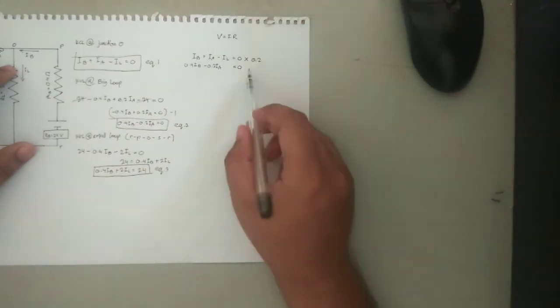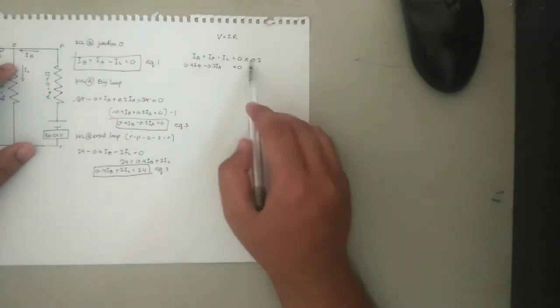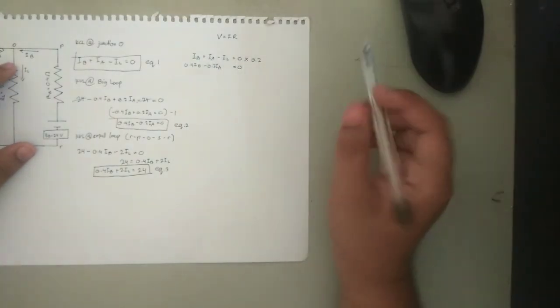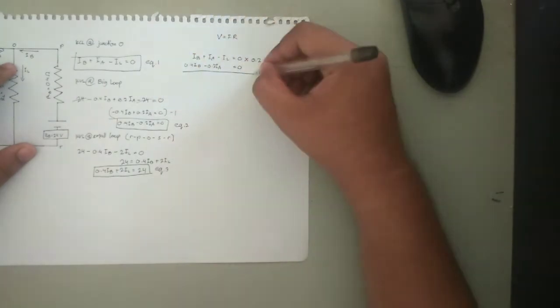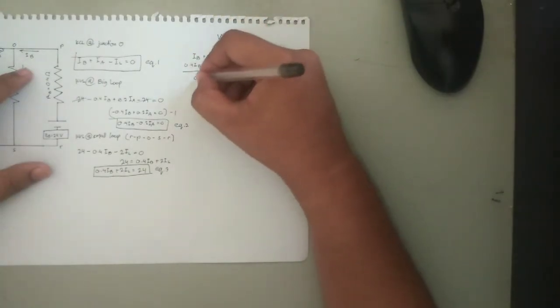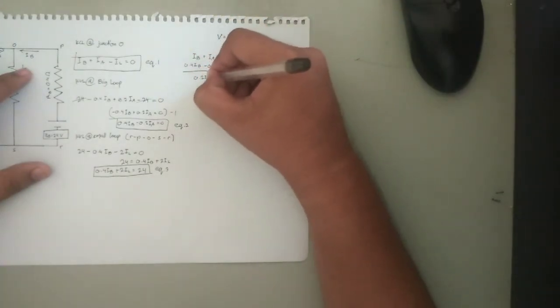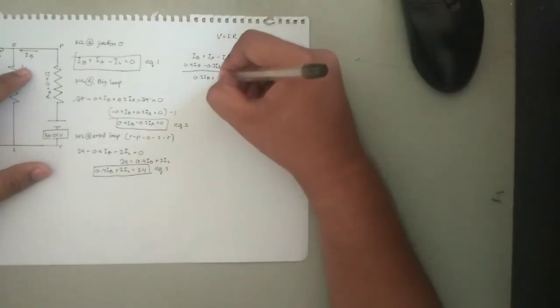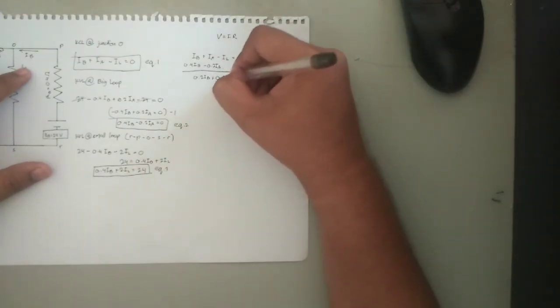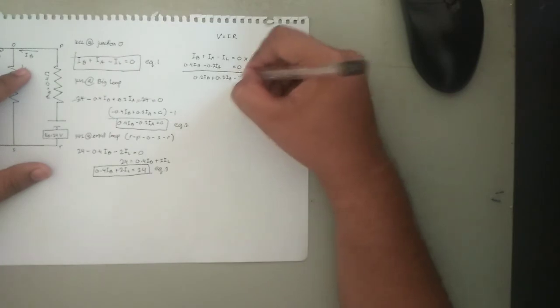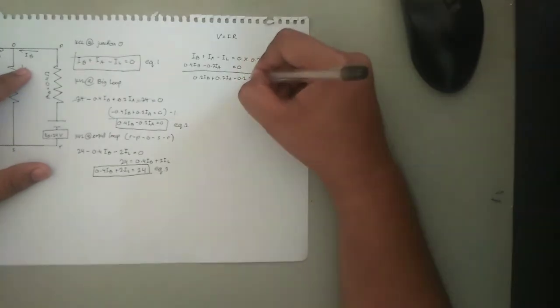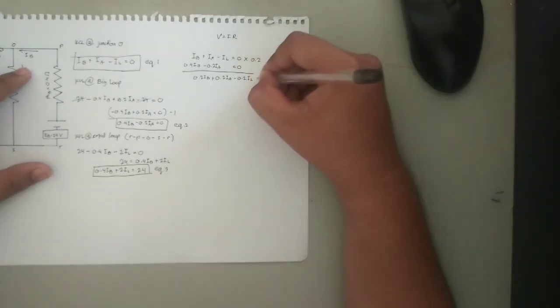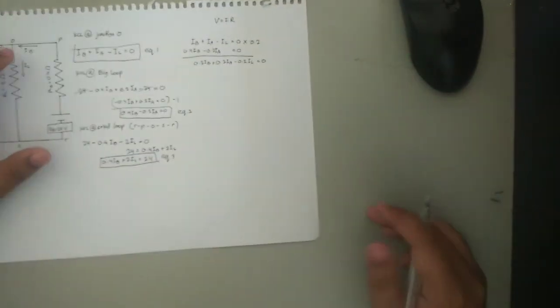0.2. So 0.2 will get distributed to all of these. Okay, so that's going to be 0.2 IB plus 0.2 IA minus 0.2 IL is equal to 0.